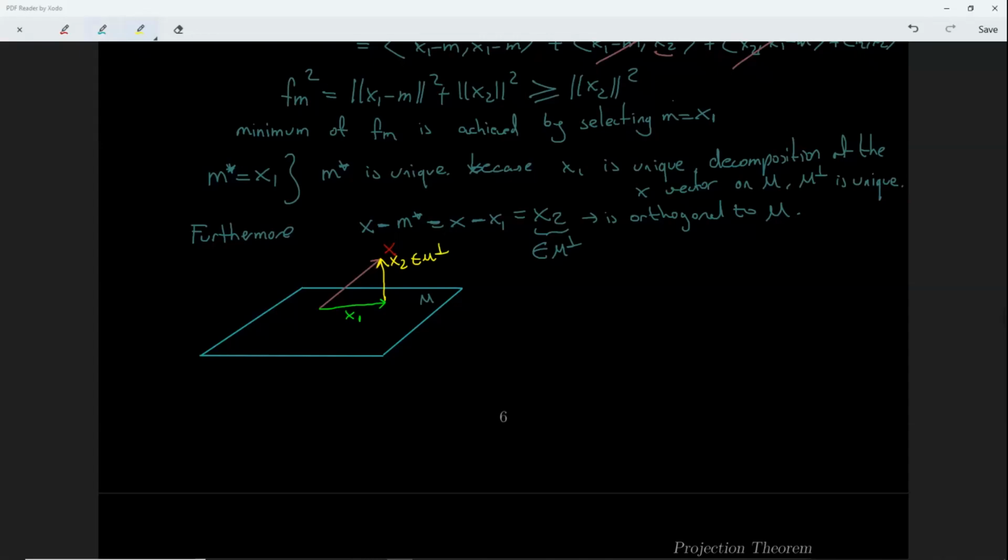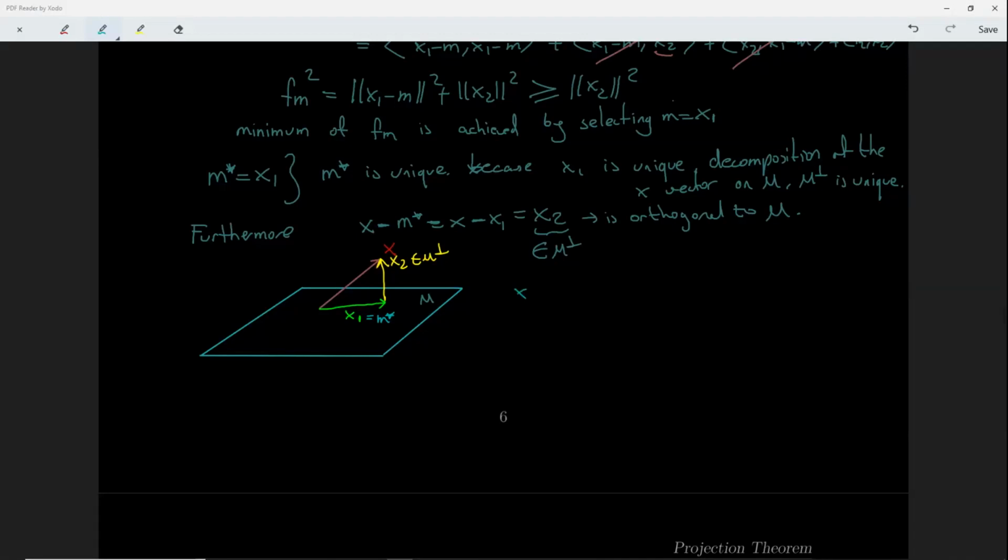And the theorem states that this x1 is equal to the M star, the closest point in our subspace M that minimizes the distance between the given vector x and a vector in our subspace M.